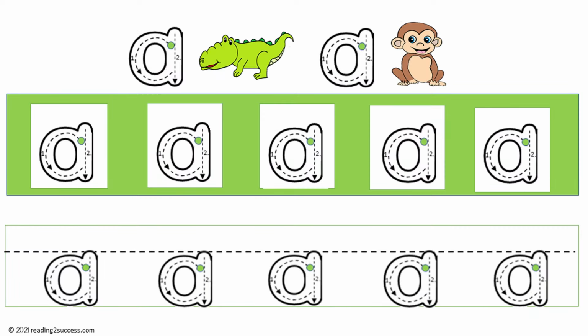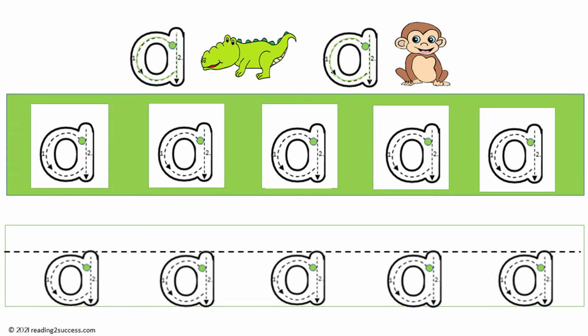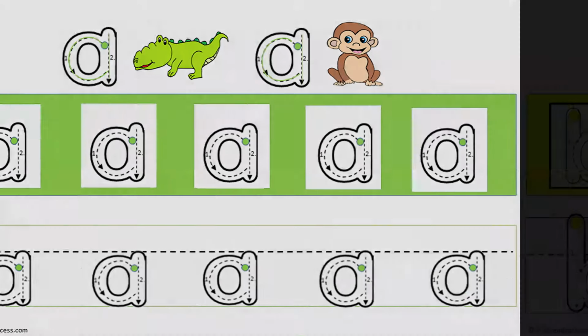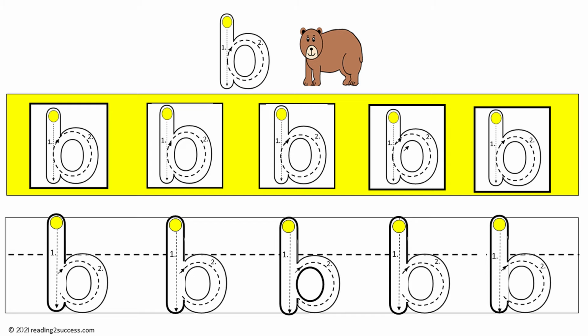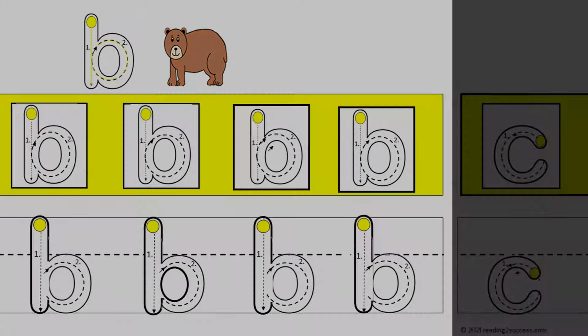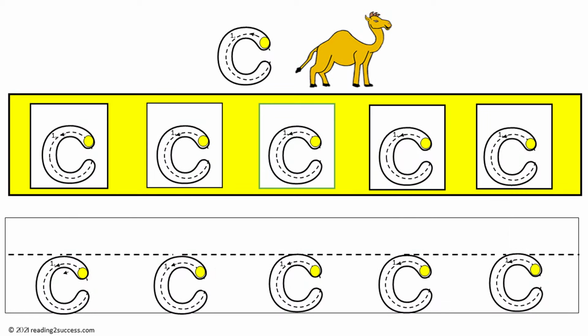Now with kids, trace the top 2 A's and then have them complete the A's following the numbers and the arrows. Follow the same procedure with the B practice page and then the C practice page.